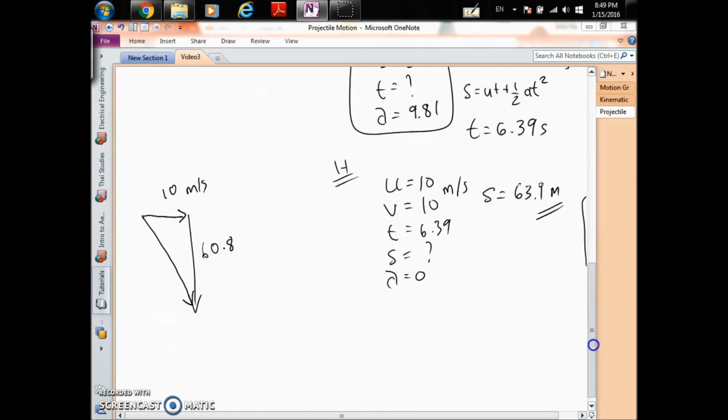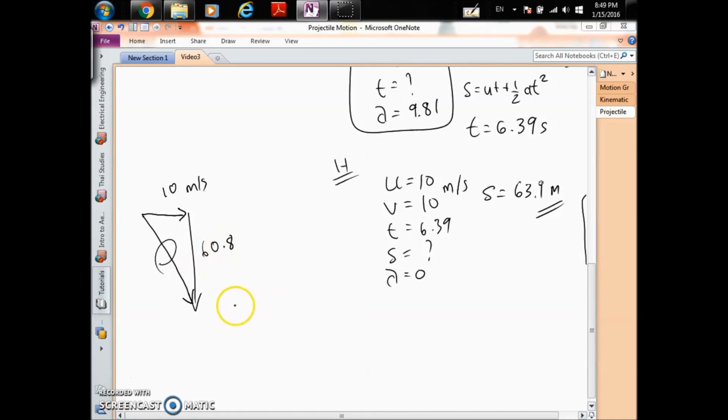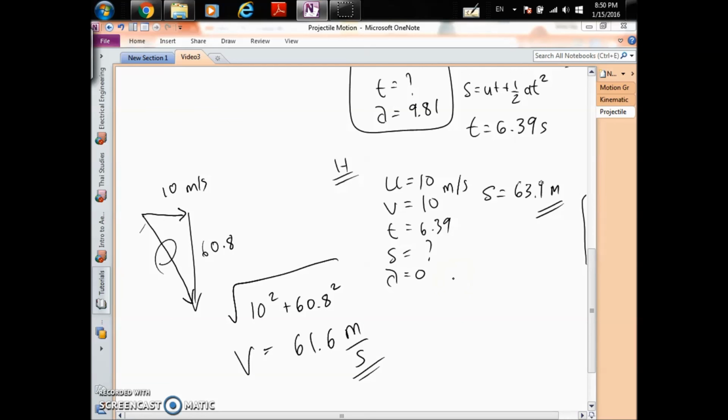So in order to find that length, all we do is Pythagoras, which is 10 squared plus 60.8 squared, and square root everything. And that will finally give us the velocity we are looking for, which I calculated to be 61.6 meters a second. All right, so that's the velocity the object will hit the ground with.